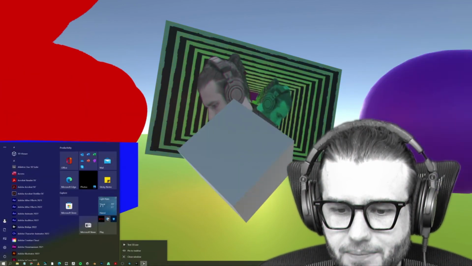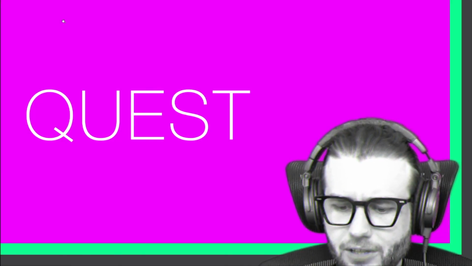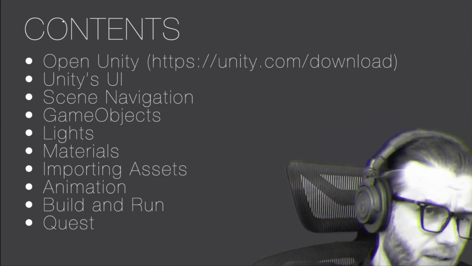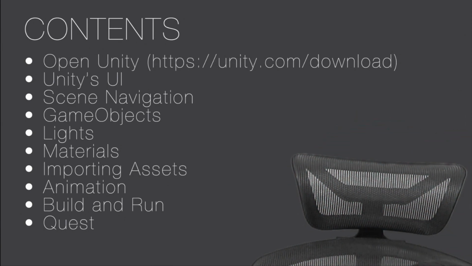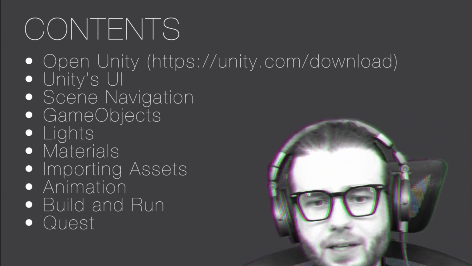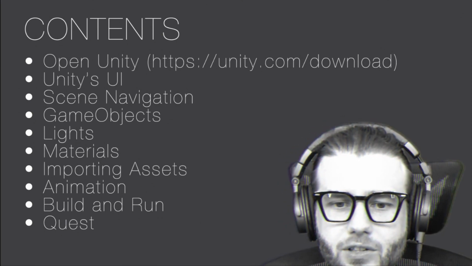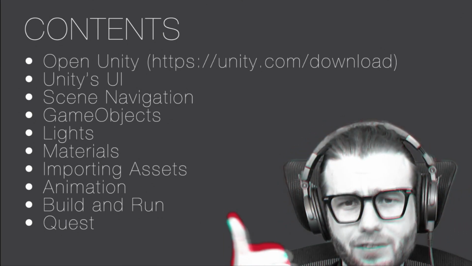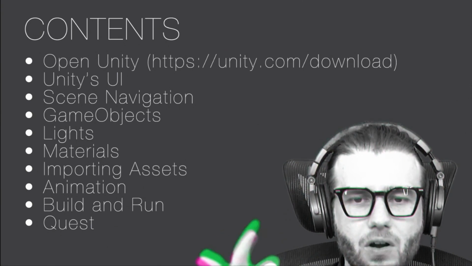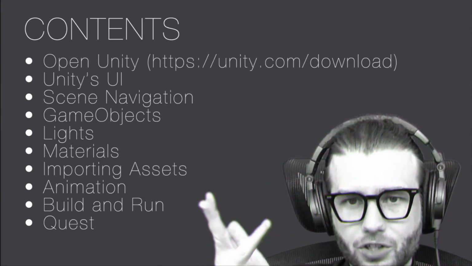Okay, so what did we do here? We got an introduction to Unity. We checked out where you find it, where you can download it, how you install it. You need to have the Hub. In the Hub you manage your login, your license, and your installation versions.